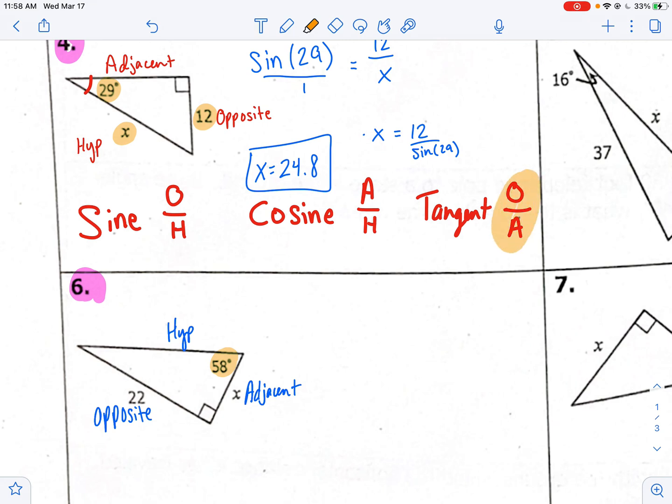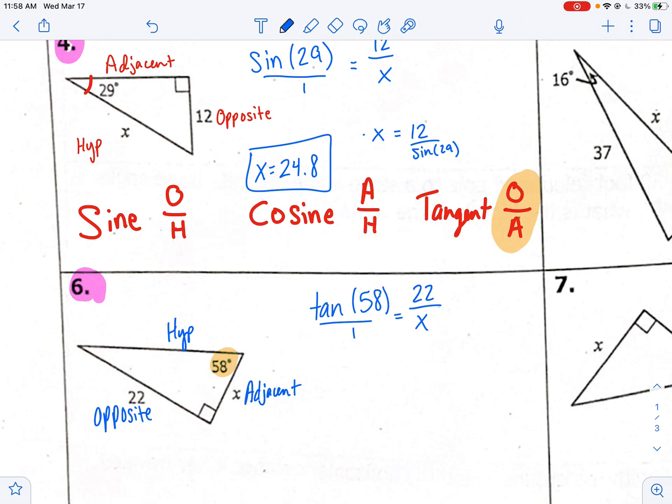If you look up above, you'd see that I'd be using tangent for the adjacent and the opposite sides. So the tangent of 58 equals the opposite, which is 22, over the adjacent, which is x. I'll put this over 1, set up like a proportion.